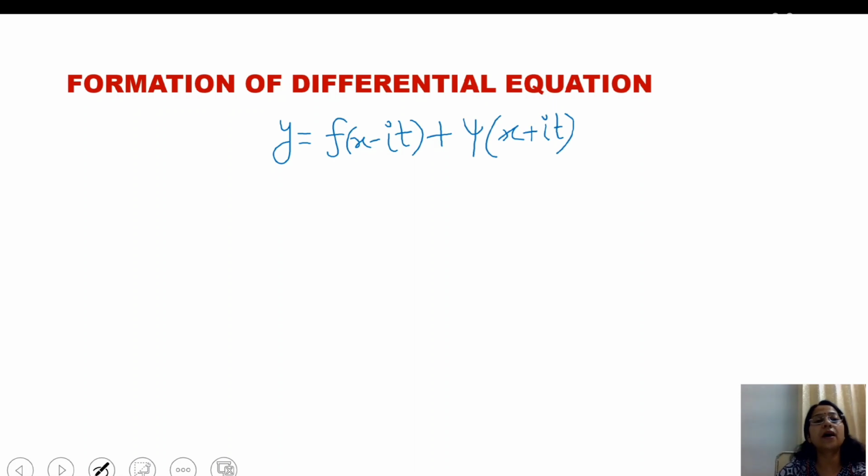These phi and psi are arbitrary functions, by eliminating which we can also establish the differential equation.